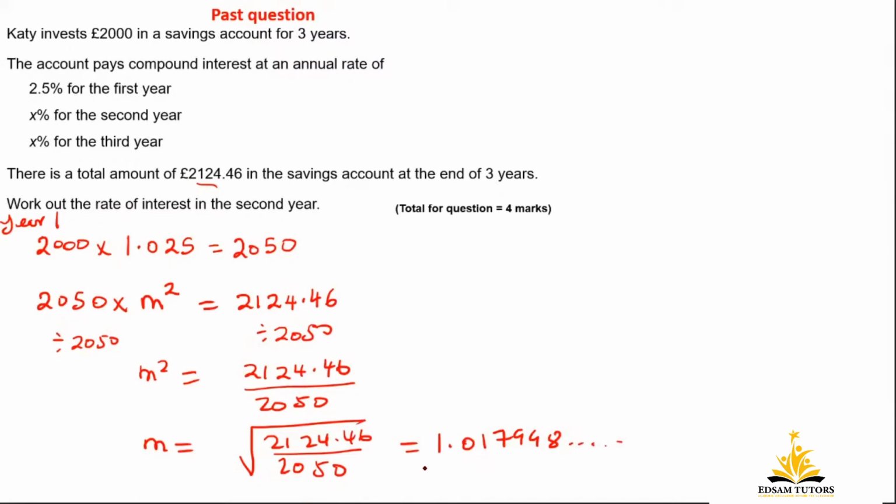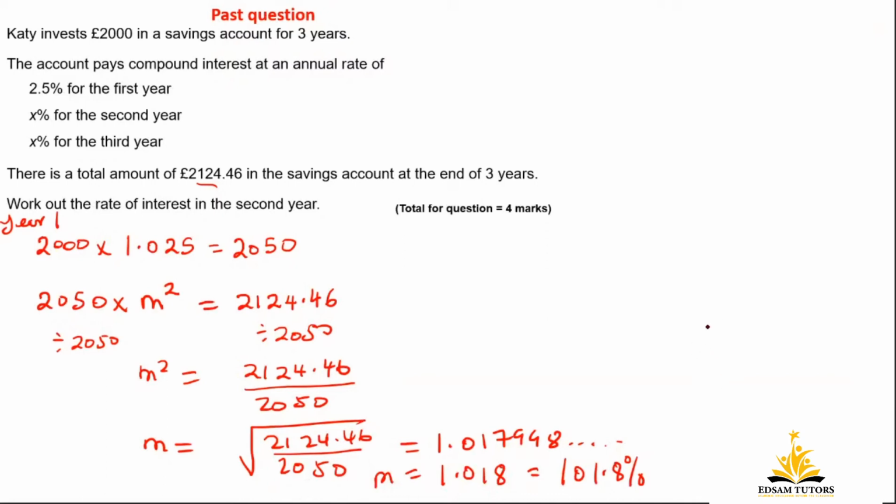So roughly, I'm going to round this to 1.018, which is 101.8%. Now we need what x is. Since that's a multiplier, don't forget, that's not x. A lot of people get to this point and they leave it like that. We want x, what was added on.